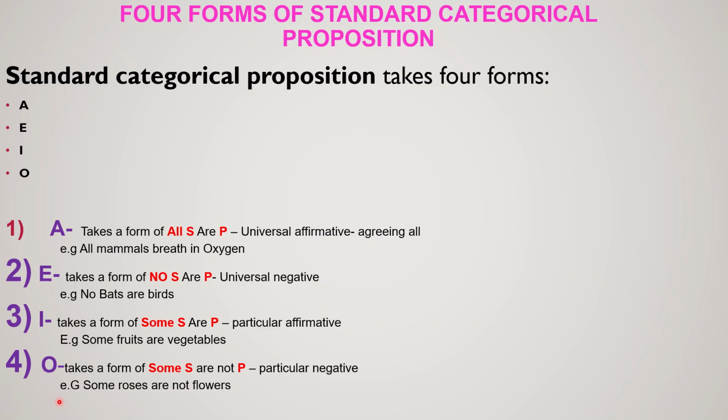For example, when you say some roses are not flowers, it can mean that some roses are flowers, yet others are not flowers. So propositions or premises that take the form of "Some S are not P" are grouped as O.